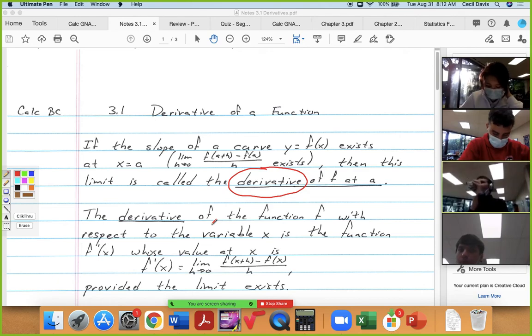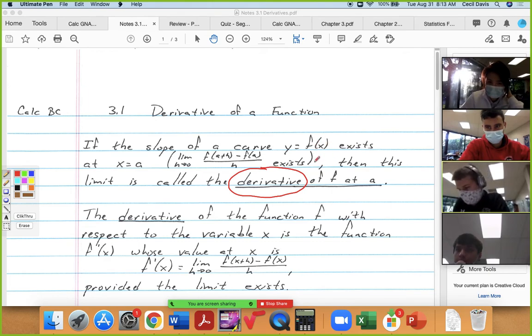at any time. And so more generally, the derivative of a function f with respect to the variable x, it's always with respect to whatever variable you're working with, is the function f, and that's not a little stray mark, that is a prime symbol, f prime of x, whose value at x is the limit as h goes to 0 of f of x plus h minus f of x all over h, provided that this limit exists.